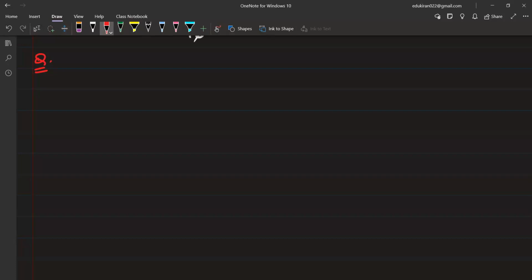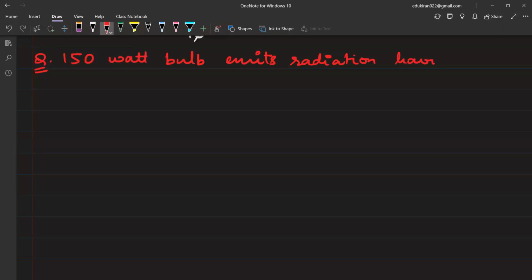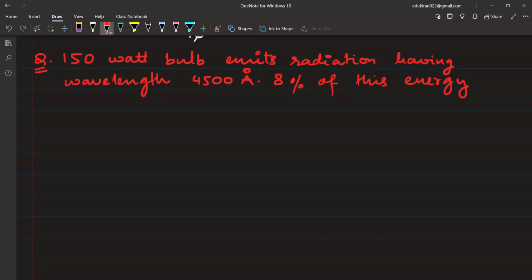Write the question. A 150 watt bulb emits radiation having wavelength 4,500 angstrom. 8% of this energy is emitted by the bulb.